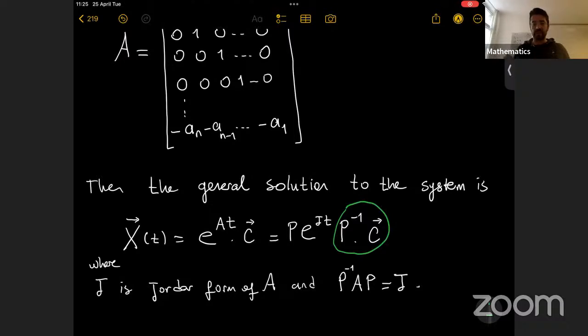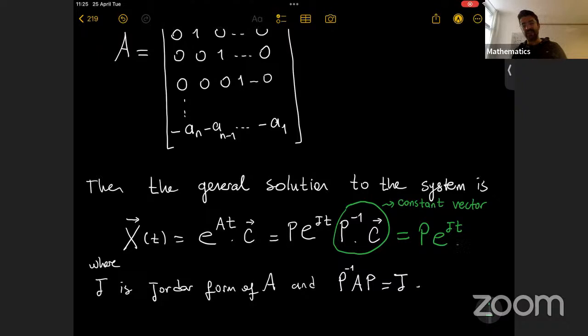So instead of writing this, since this is a constant vector, we can write the following: P times e to the Jt times another constant.